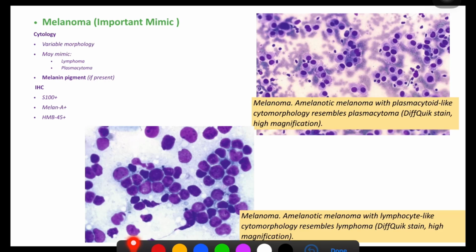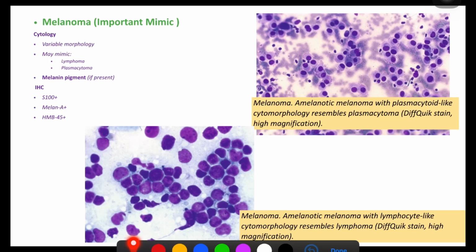But if it is amelanotic melanoma, it is very difficult. So here in this smear, you can identify these are the plasmacytoid morphology of these cells, which resemble plasmacytoma, but immunochemically it is S100, Melan A and HMB45 positive.